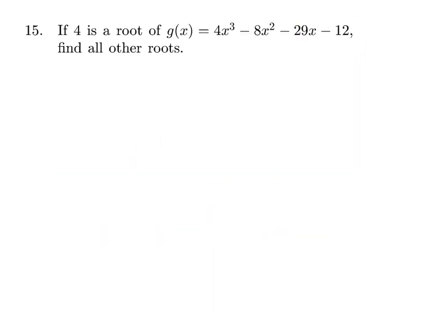All right, if 4 is the root of this polynomial, find all the other roots. Okay, we could use synthetic division here. 4 is the root. I'm going to state all of the coefficients: 4, negative 8, negative 29, and negative 12. All right, bring down the 4, multiply, then add.